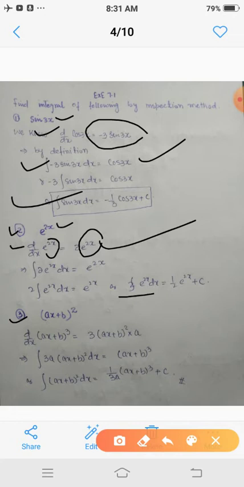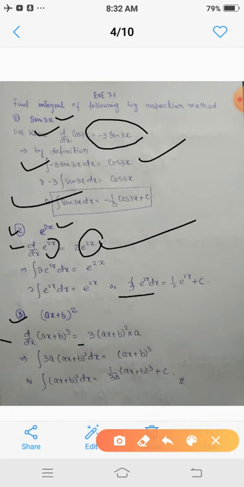Now think of the function whose derivative contains (ax plus b) square. This means that we have to consider the function whose power is greater than this 2 by 1, that is, we have to consider (ax plus b) whole cube. Differentiating (ax plus b) cube, we simply get 3 (ax plus b) square into a.